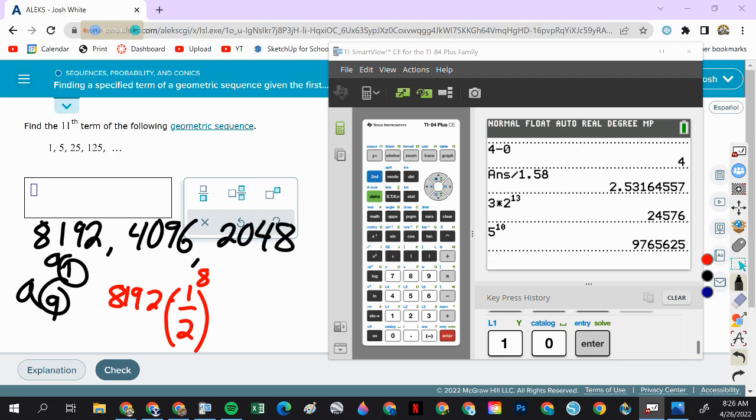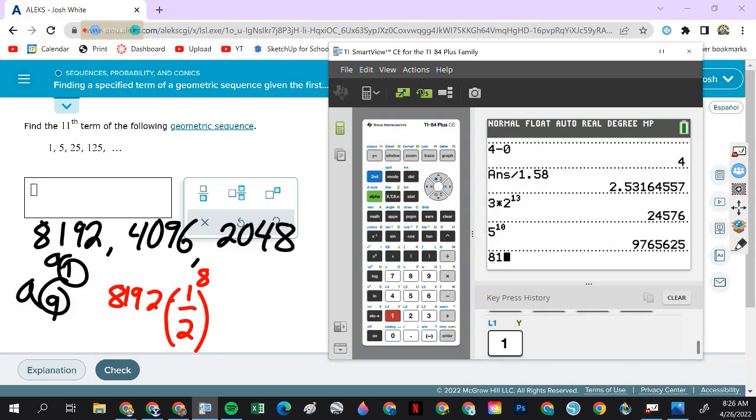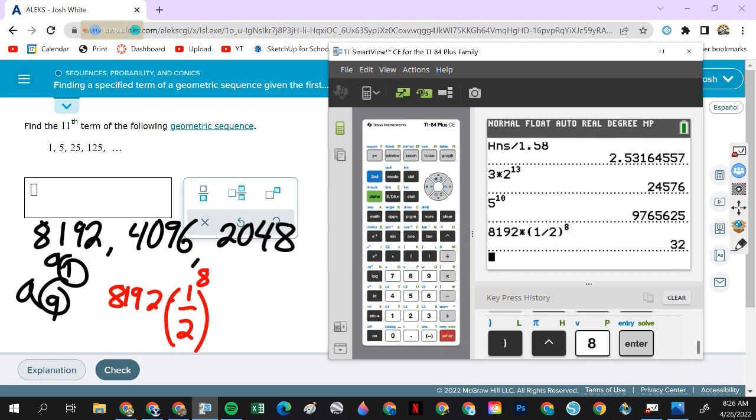So 8192 times 1/2 raised to the 8th is 32. We get that?